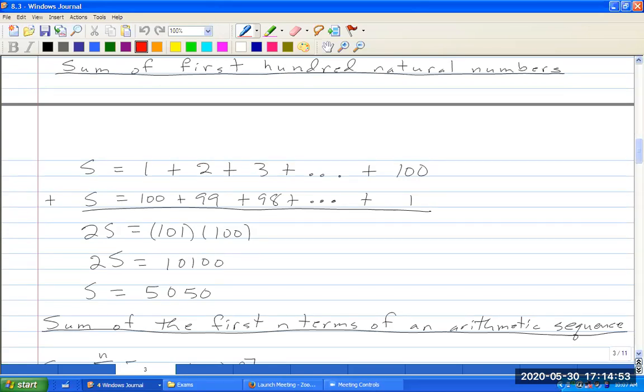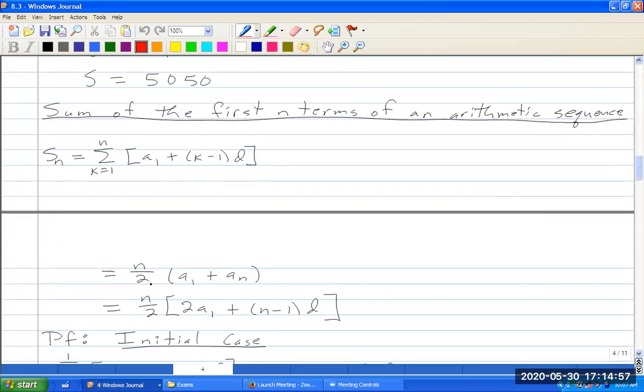So let's do this more in general. Let's find the formula for the sum of the first n terms of an arithmetic sequence. So let S sub n be the sum of the first n terms of an arithmetic sequence.